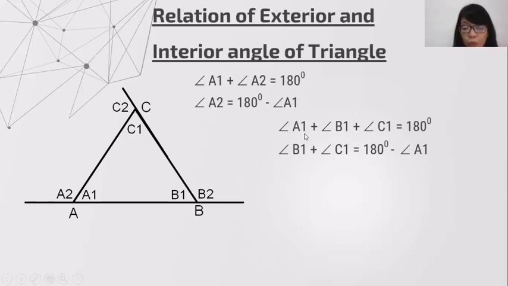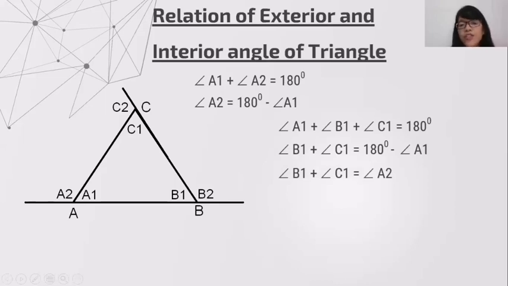Just like what we did before for this formula. If you check this one out, guys, 180 degrees minus A1 equals this form, right? So I will substitute this form into A2.